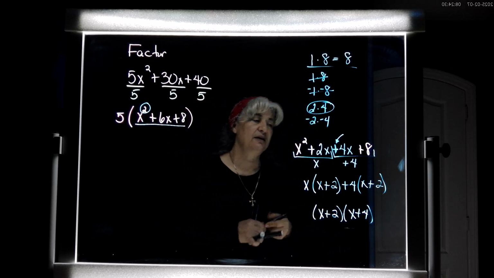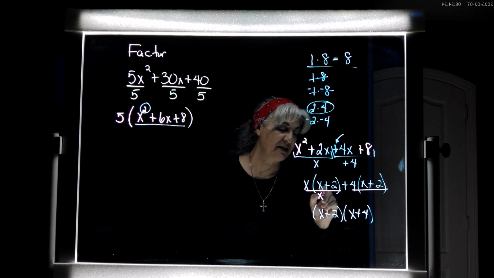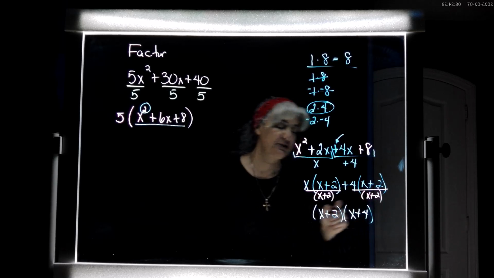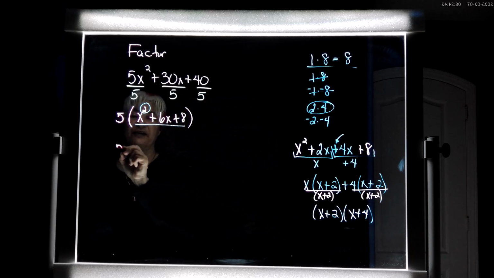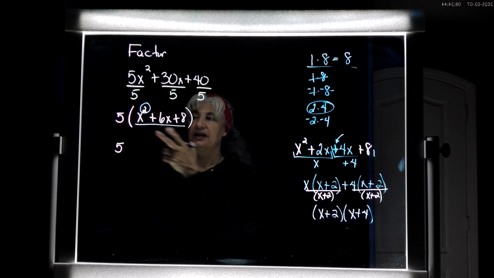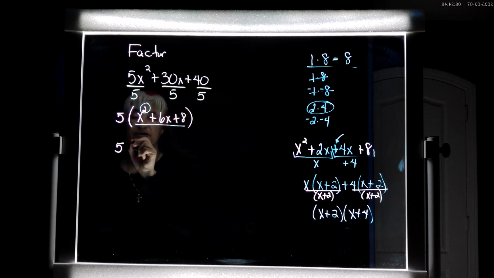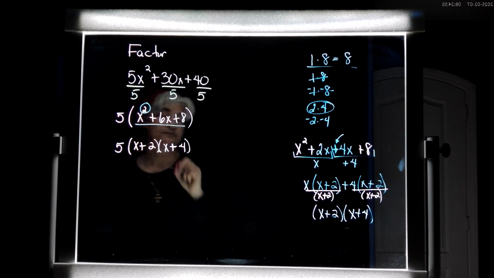And by the way, again, you know who you are. If you literally need to write these lines under each term and write x plus 2 underneath them, please do it. Okay, so the 5 is still here. This trinomial factored to the product of 5 times x plus 2 times x plus 4.